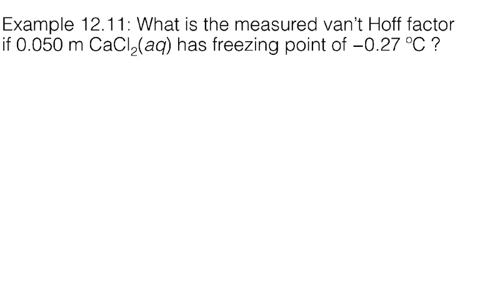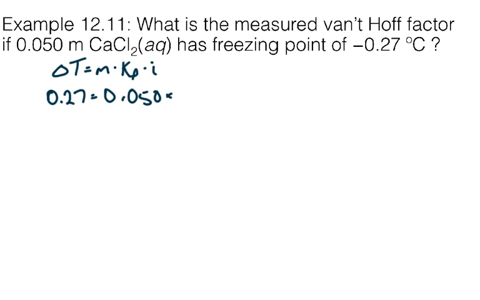What is the measured Van't Hoff factor if 0.050 molal calcium chloride has a freezing point of negative 0.27 degrees Celsius? So my delta T is going to be my molality times my Kf times my i, and in this case I'm going to be solving for i. So 0.27 is equal to my molality, 0.050, times my Kf.